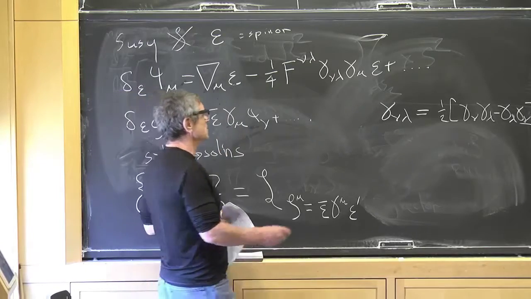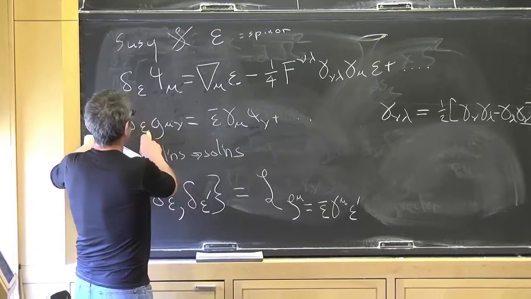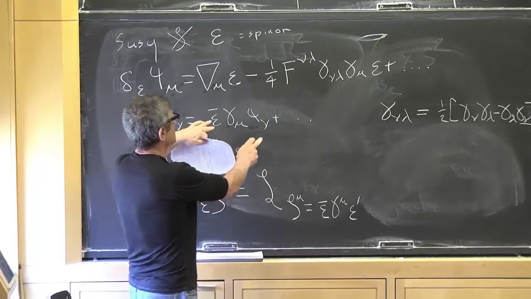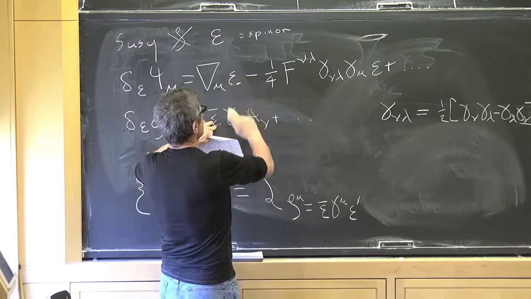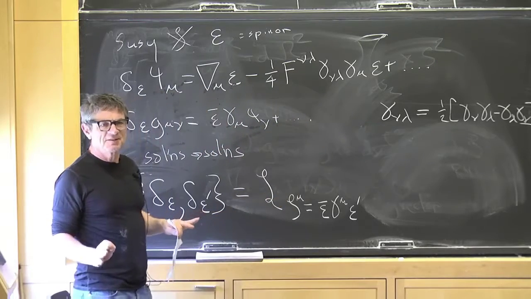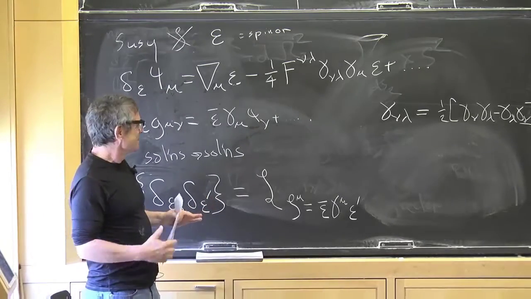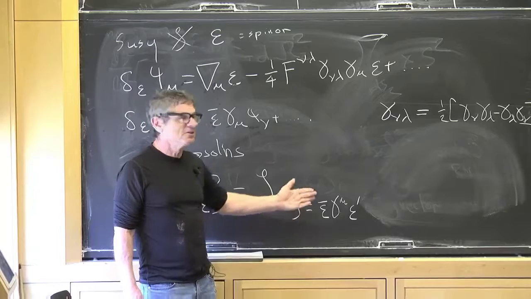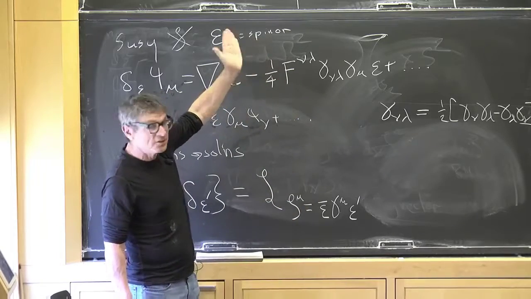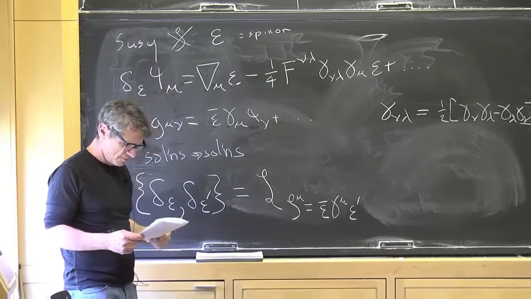In other words, if we take the commutator of these two actions here, we'll get something on the right-hand side that has an epsilon and epsilon prime in derivative of the metric. And it's some amount of work and actually a very beautiful thing that works out to be exactly the standard Lie derivative transformation rule.